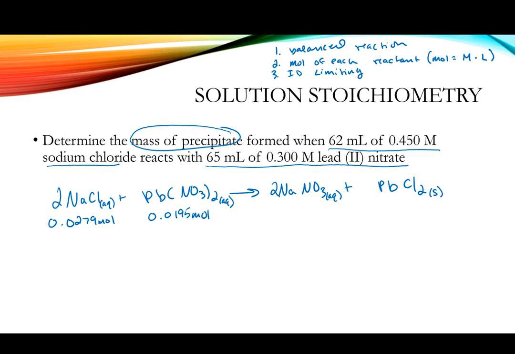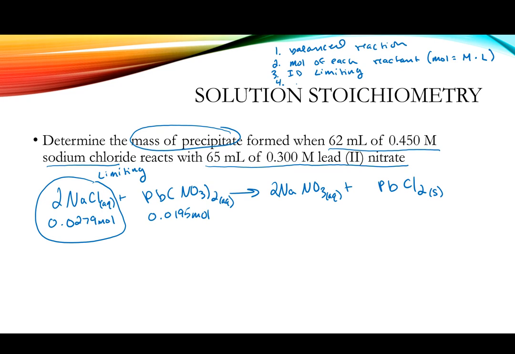So I need twice as much sodium chloride as lead nitrate. When I look at my amounts, I have 0.0195 mole lead nitrate, 0.0279 mole sodium chloride. 0.0279 is not twice as much as 0.0195. So that means that this is my limiting. If you need to work it out, write it out, that's totally fine. It just saves time if you're able to look at it and identify it.